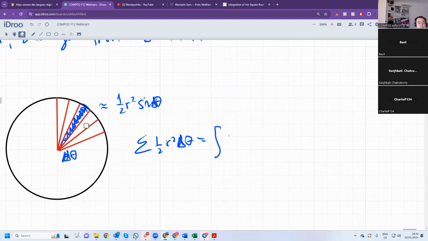So where I'm coming from, this is a triangle, an isosceles triangle with sides r and the angle delta theta.